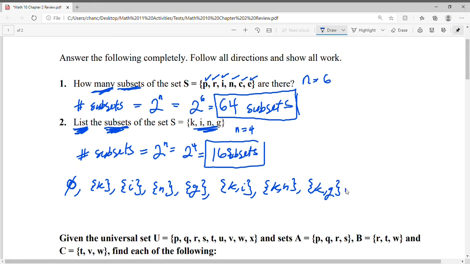And I can also write IN and IG, and we can also put NG.